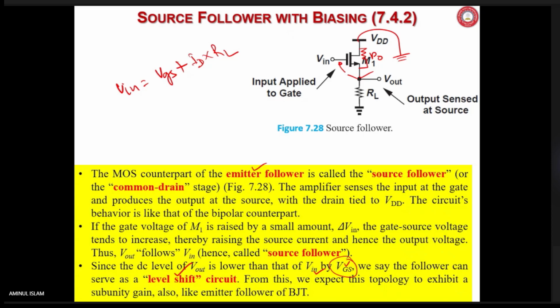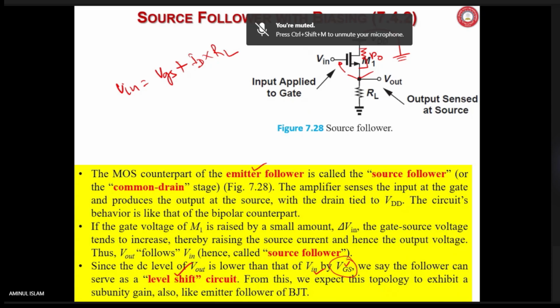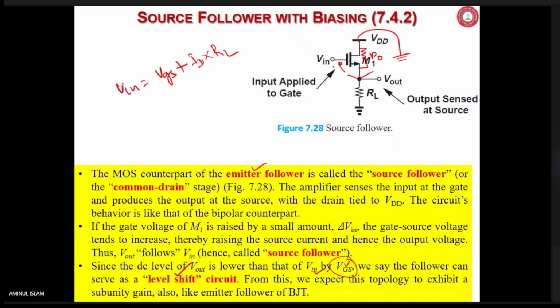See, for AC analysis, all the DC or independent voltage sources are to be zeroed. That we discussed at the beginning of this module. Yes or no? So if that is the case, this is zeroed and this is also zeroed.